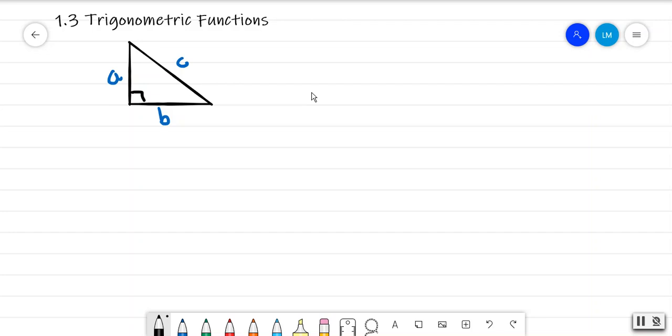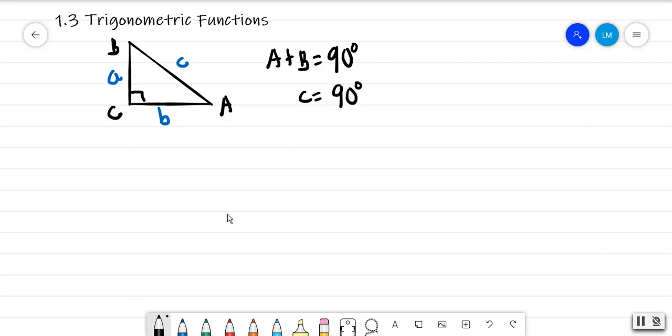So we know that this is a right triangle, and one observation that we can make is that if this is angle measure A, this is angle measure B, and this is angle measure C, we know for sure that A plus B has to equal 90 degrees, because C is equal to 90 degrees also.